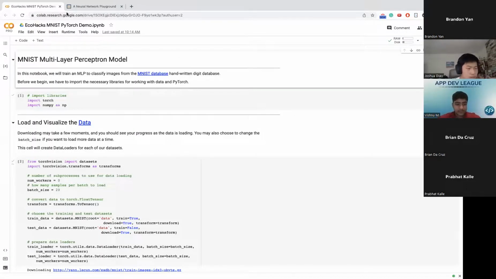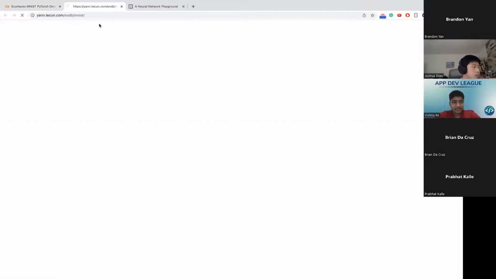All right, so we can start by looking at an actual example of a fully coded neural network. This here is a neural network that's trained to classify images from the MNIST database.